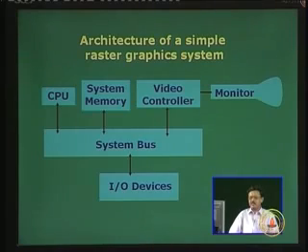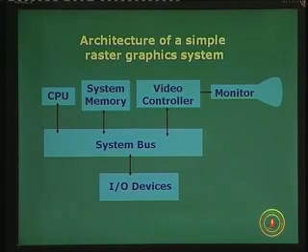In this case, a typical computer system will have its own CPU, system memory, system bus, I/O devices, and a video controller which drives the computer monitor. We have seen the internals of a computer monitor in terms of its electronic gun, and of course, the horizontal deflection plates, the control gate, the focusing system, and the phosphor coated on the screen. We also talked about the frame buffer being part of the system memory, which we will come to.